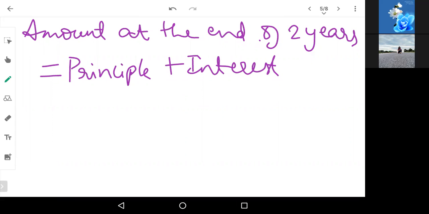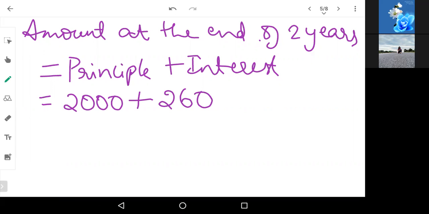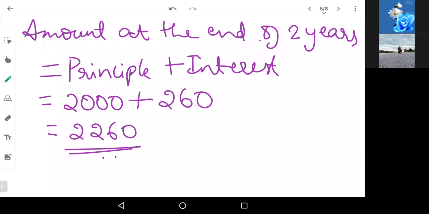So we had kept 2000 rupees in the bank for 2 years at 6.5% per annum, right? So the interest came up to 260 rupees. So therefore, the total amount will be 2260 rupees. This is the total amount that we will get at the end of 2 years.